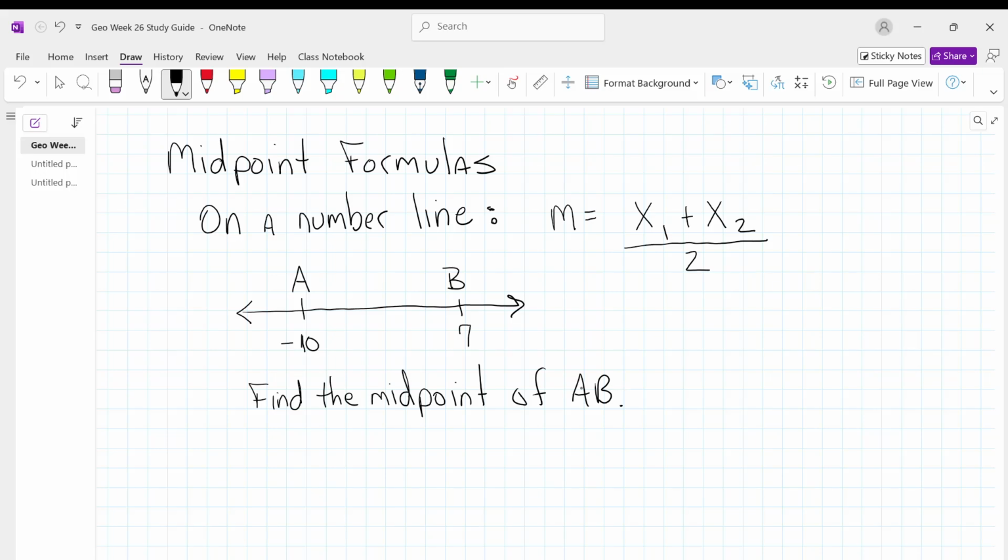All right, so in order to find the midpoint of AB, this -10 is our x sub 1, and the 7 is our x sub 2. So our midpoint would be equal to -10 plus 7 divided by 2.